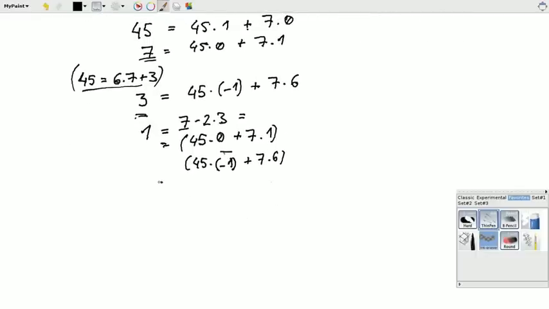Okay, let's expand that. I'm sorry, I must have made some silly mistake. This doesn't compute. Okay, 7 times 6 is equal to 42.